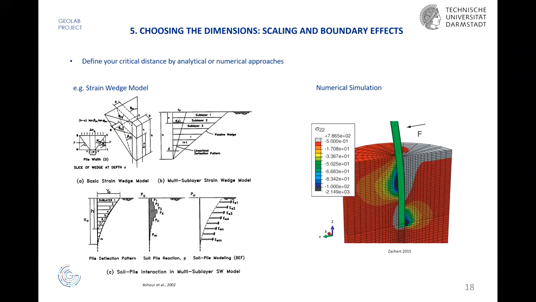Because if you are, for example, doing a high cyclic loading and you're not pushing your pile until failure, then the region which you're going to occupy with your test is much smaller. You can probably even allow a bit smaller pit than if you really want to push your pile to the end.